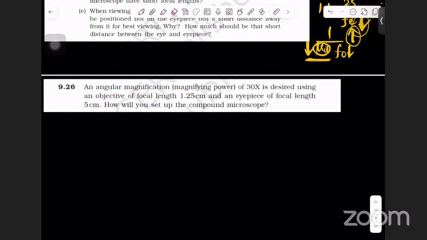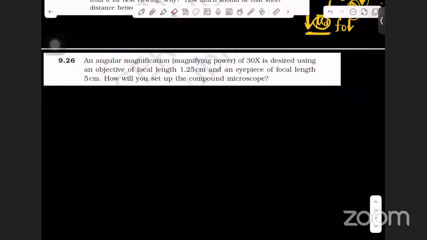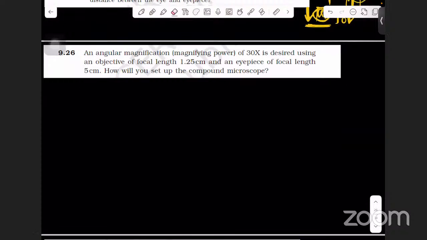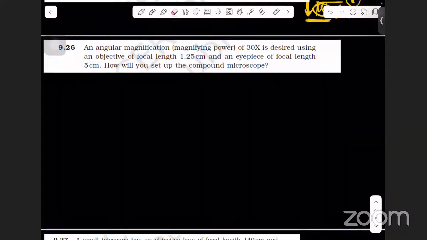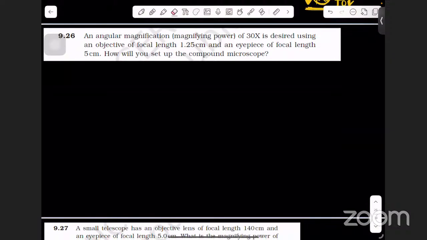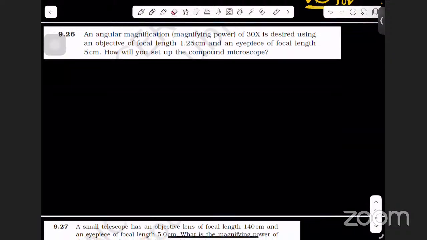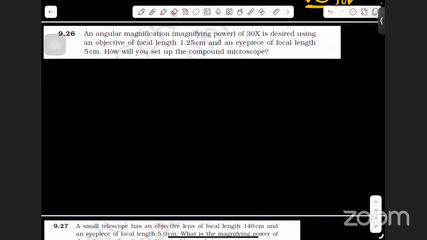The angular magnification or the magnifying power of 30x is desired using an objective of focal length this and an eyepiece of focal length this. How will you set up the compound microscope?